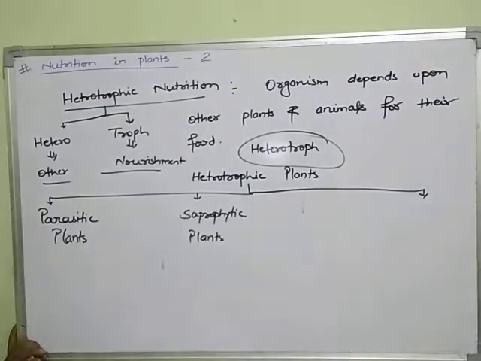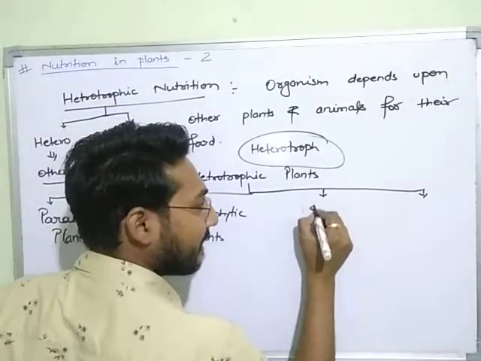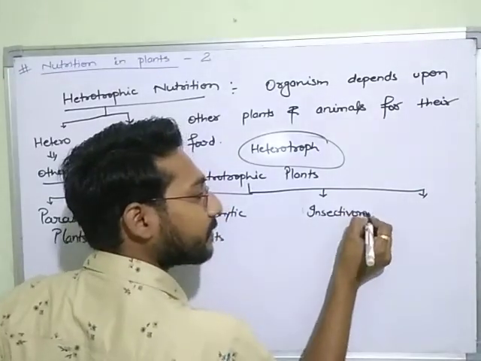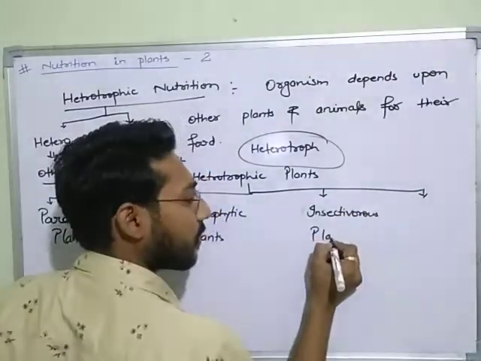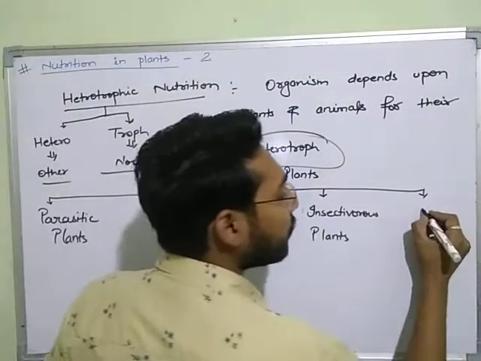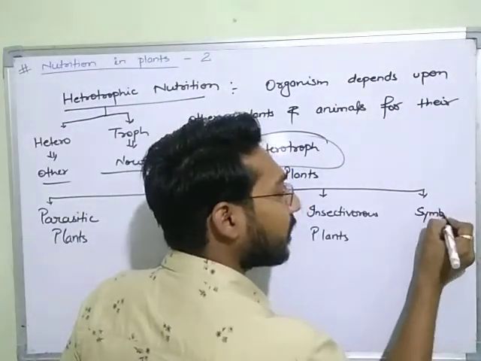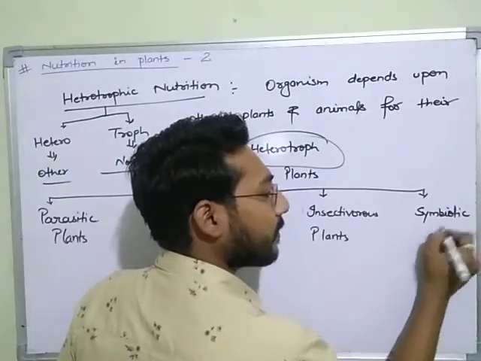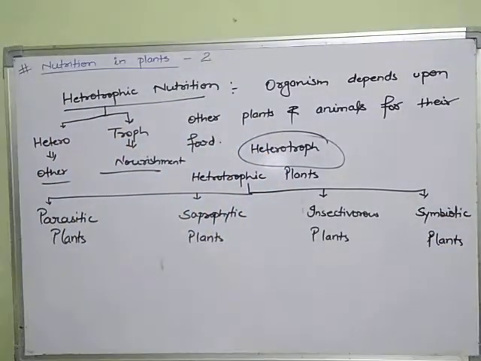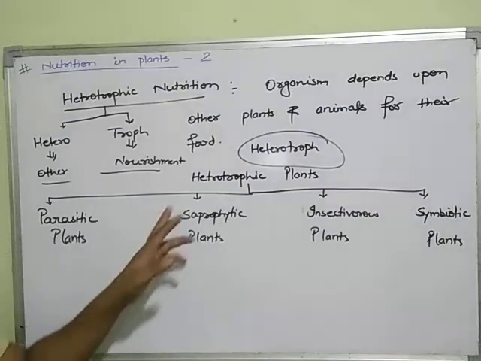The third one is insectivorous plants, and the last one is symbiotic plants. Okay, these are the four main categorizations of heterotrophic plants.